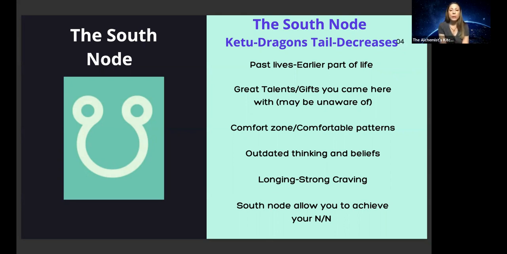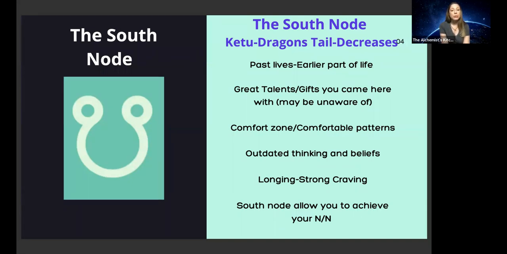The south node has to do with an area or an experience that we've lived over and over and over again. It's our comfort zone. It's the patterns, the behaviors that we are comfortable living.